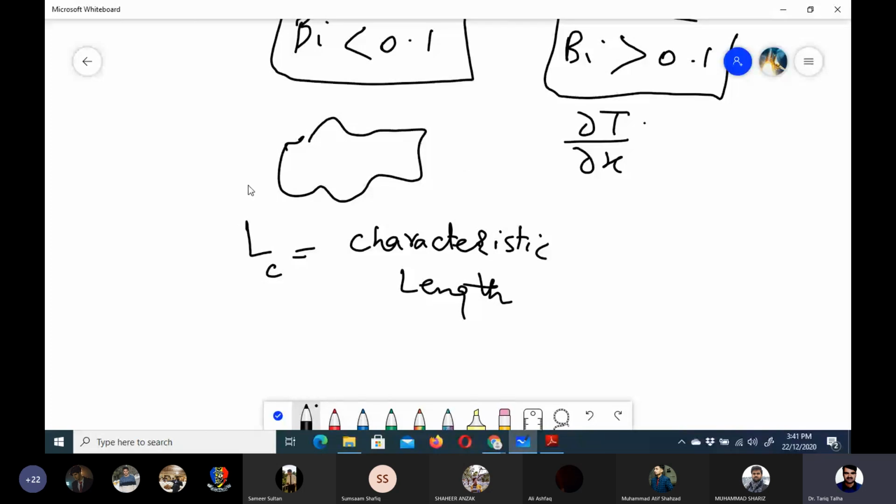There we use an insulated tip boundary condition and then we have to correct the length, right? But here the characteristic length can be easily calculated if we know the volume of this object divided by the surface area of this object, A. So if we know the volume and the area, then we can calculate the characteristic length, right?